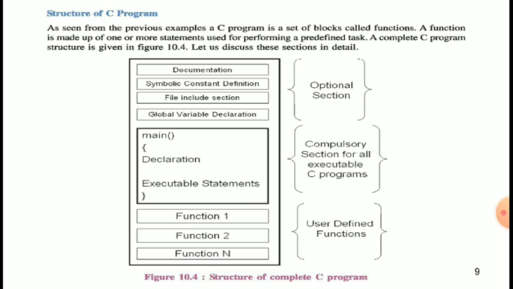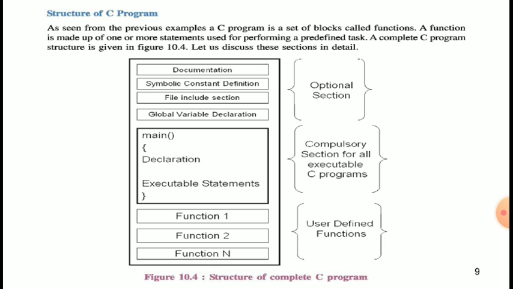So first, there are three parts of the structure of C programming. First is optional, that means documentation, symbolic constant definitions, file include sections, and then global variable declarations.